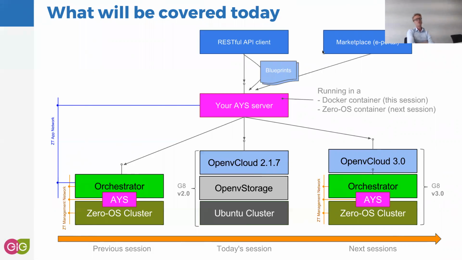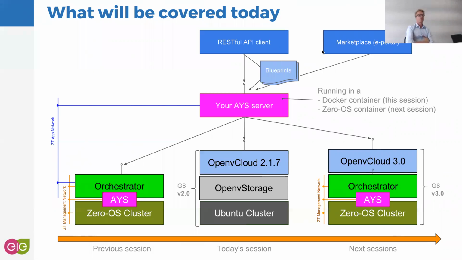And that's what we will do in the next session. I'll show you how to run OpenV Cloud on top of a 0S cluster. And by the way, as promised, the orchestrator will then run as a workload, like any other workload, in a container on top of a 0S node in a 0S cluster.